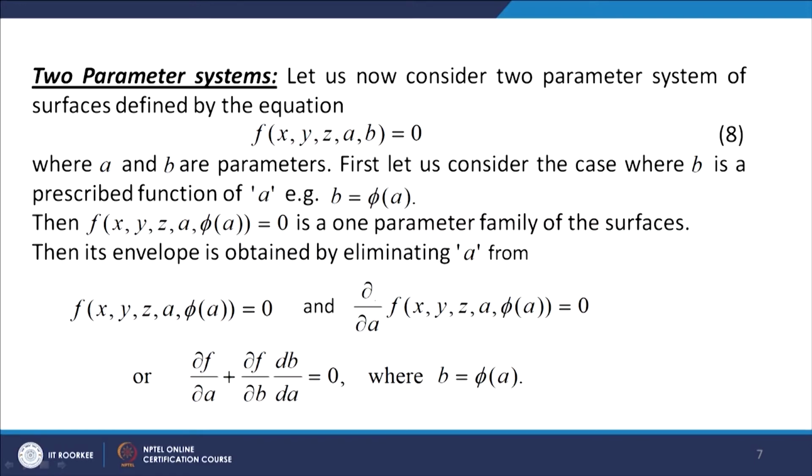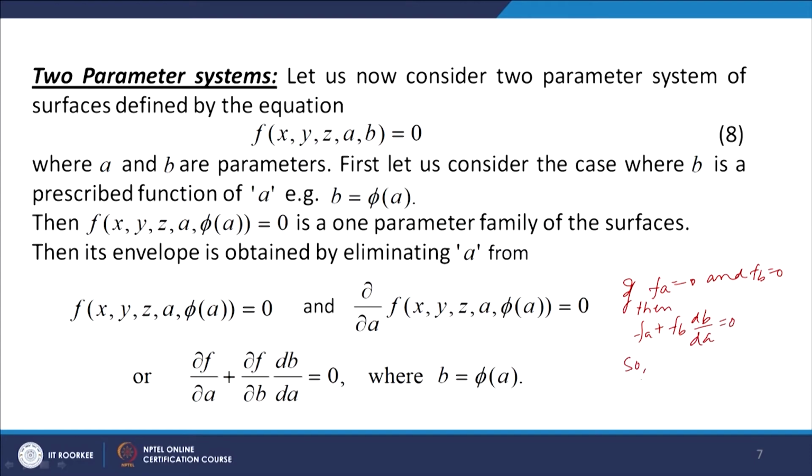The partial derivative: if f_a = 0 and f_b = 0, then f_a plus f_b into db/da equal to 0.